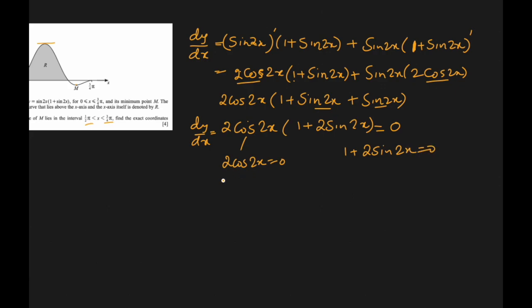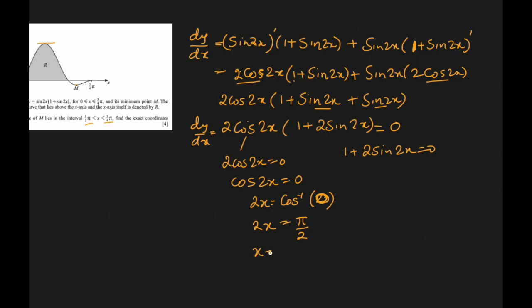So this gives us cos 2x equal to 0. So 2x is equal to cos inverse 0, which is pi by 2.